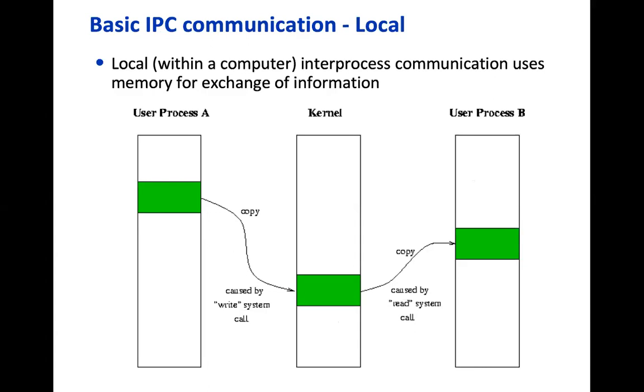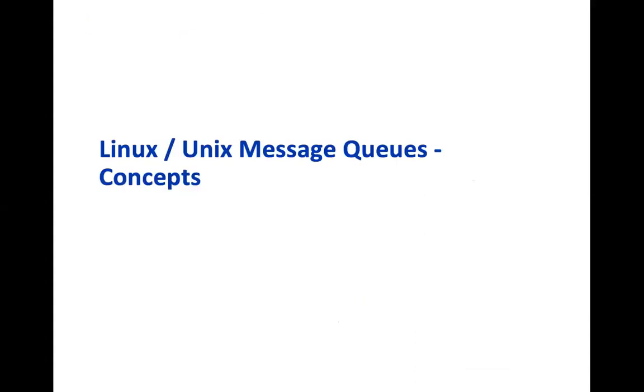Now it can be flavored in different ways to present to the user. Okay, let's discuss very briefly message queues, and note that the content of this is not usually available in the books.